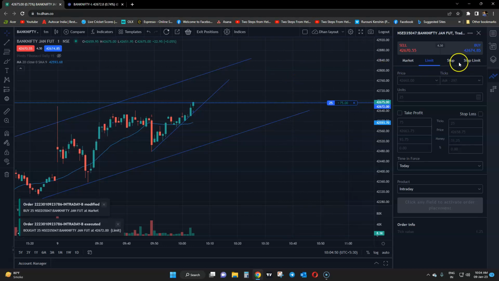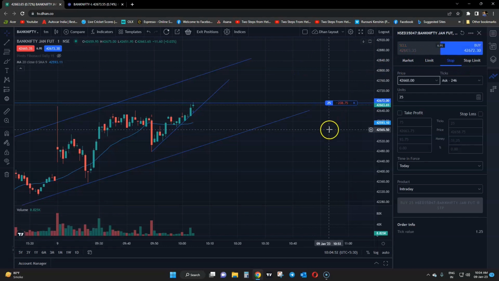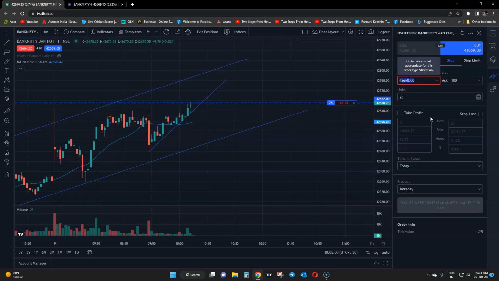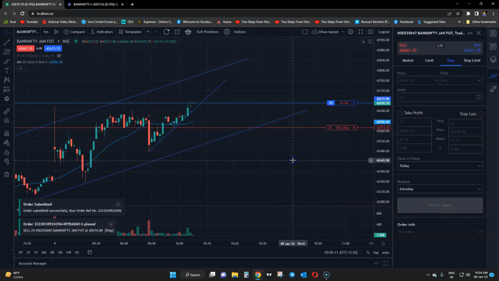Right, we're going to have a tight stop loss, so this is where we're looking at 42574. So we'll stop. Yeah, there you go.